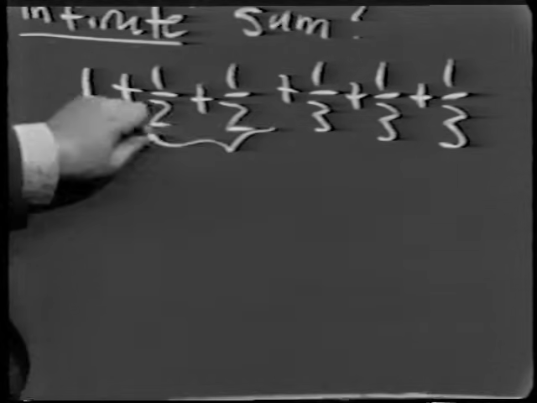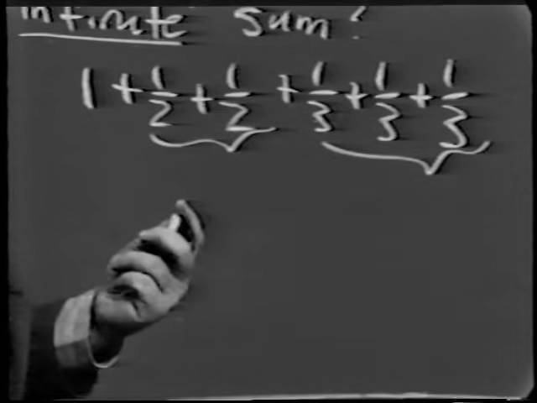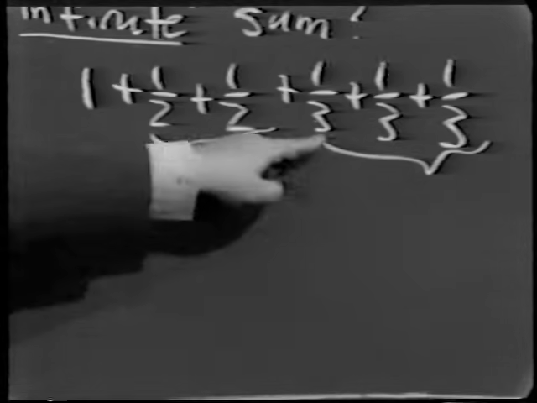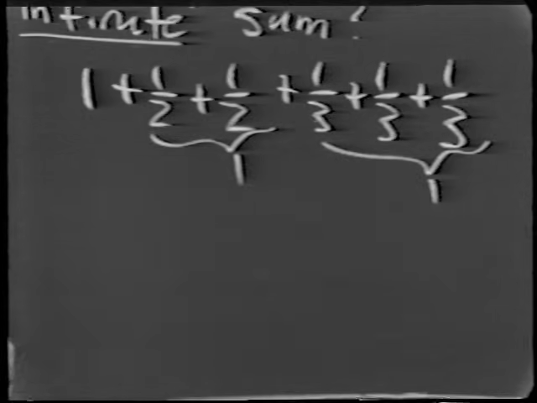Namely, notice that this adds up to 1, this adds up to 1, the next 4 terms will add up to 1, and as I go out further and further, notice that this sum can become as great as I want just by me adding on enough ones.